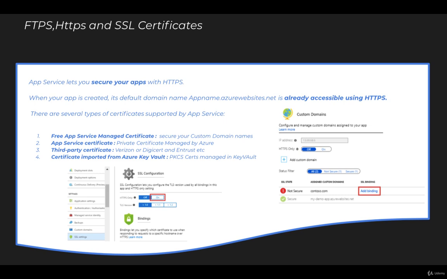Then there is the certificate imported from your Azure Key Vault. If you are managing the certificates and private key within your Azure Key Vault, you can import or use that certificate from the Key Vault as well.